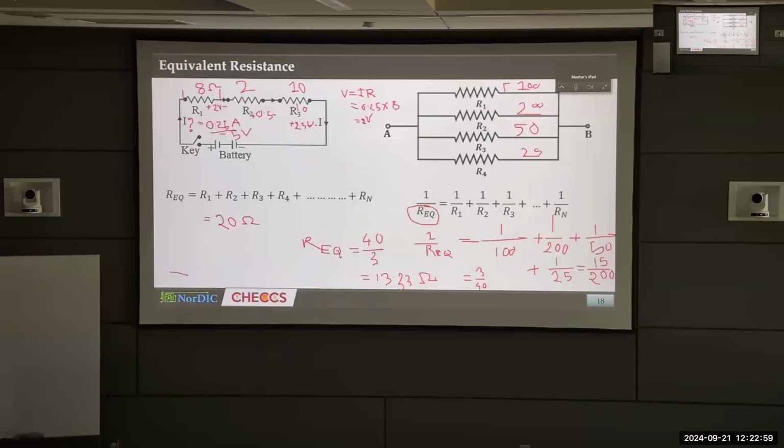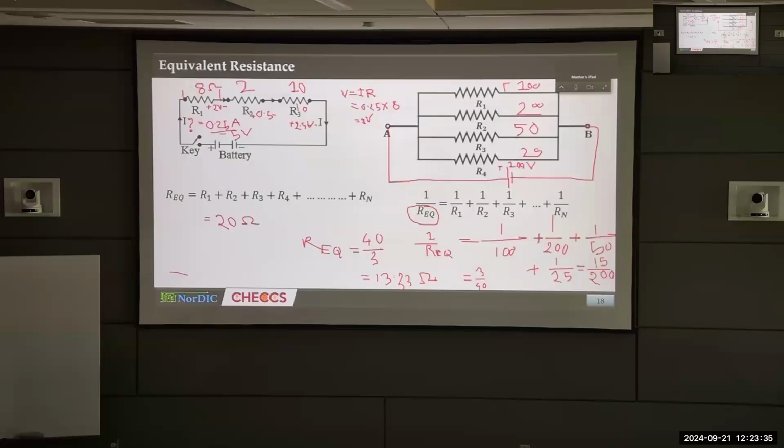So just now I want you to do a very similar analysis in this circuit. For example, I'm connecting a battery between these two terminals. How much should I give? 100 volt.